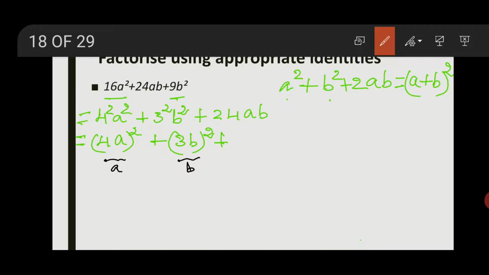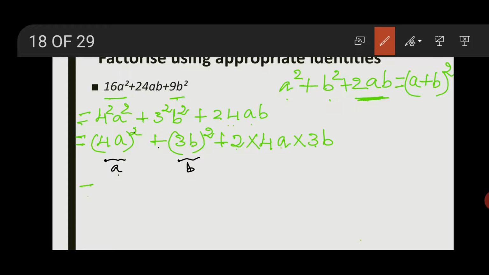Then a square plus b square, and the next term is plus 2ab. So 2 into the value of a, which is 4a, into the value of b, which is 3b: 2 fours are 8, 8 threes are 24, then a into b gives 24ab.